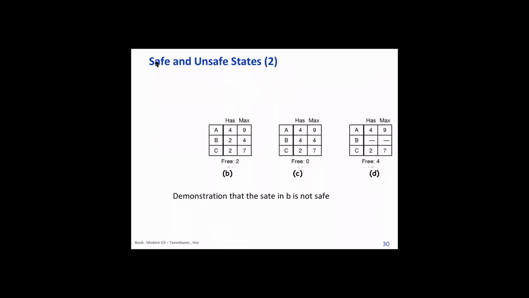Basically at this point, you can see only here you can meet the requirement. So that's what it has done here. After that, 4 are freed up. Now both of these need at least 5, so it means that it's not safe.